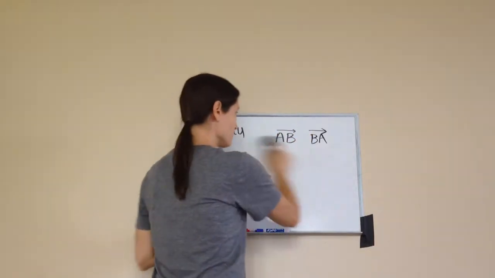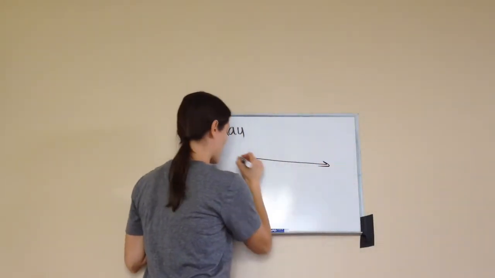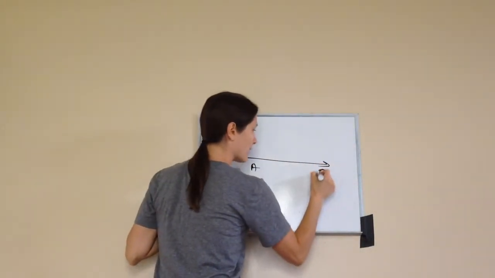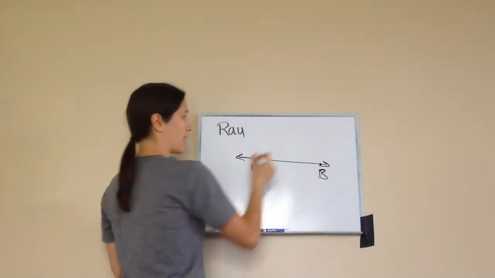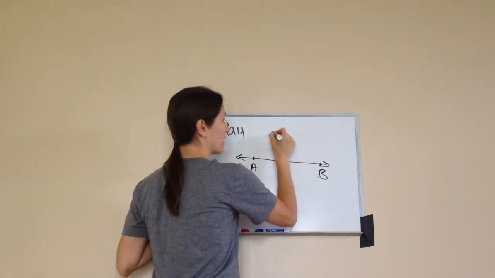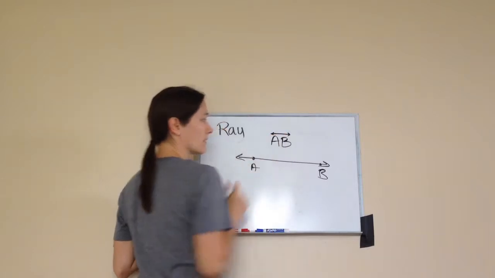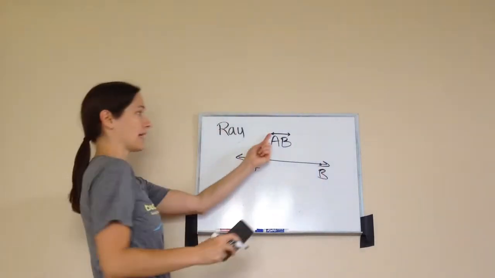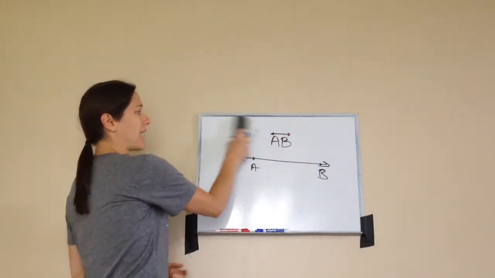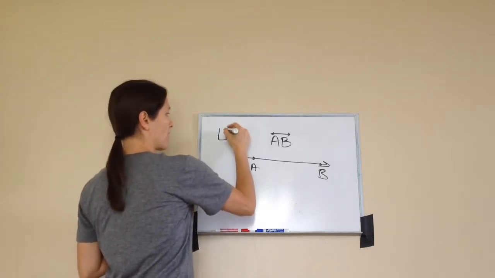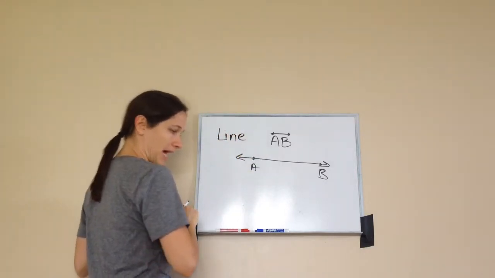Now, we also have, like I said a while ago, this would be line AB. Okay, so you would label it AB like this, which shows line AB. And as you can see, I'm showing that the line extends on forever. So that would be a line.